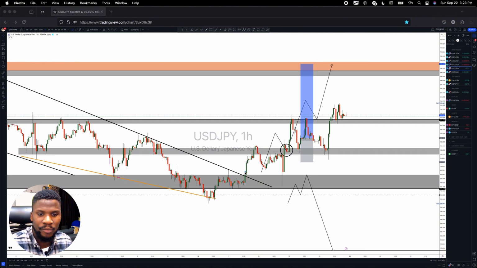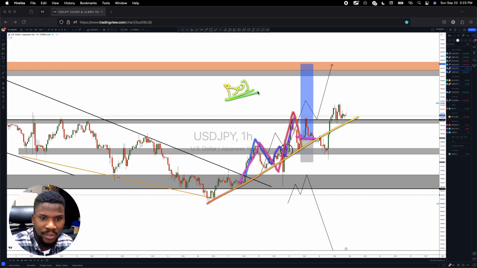It's quite simple. First off, the technical outlook of it looks very nice. You can see we have higher high, higher low, higher high, higher low. So first off, the technical aspect of it. Secondly, the BOJ seems to be a bit confused about the trajectory of the Japanese yen momentum and the entire economy of Japan.